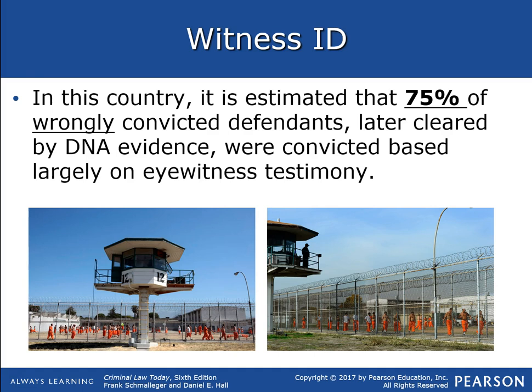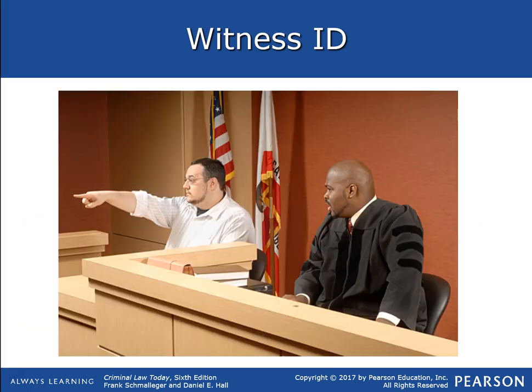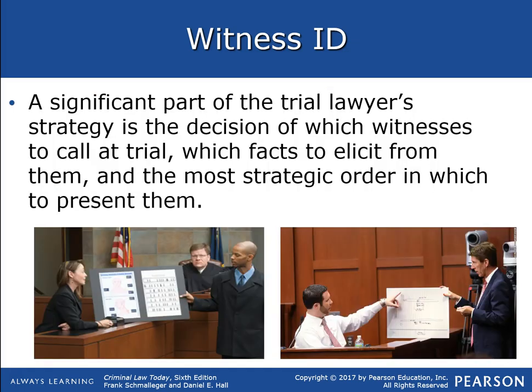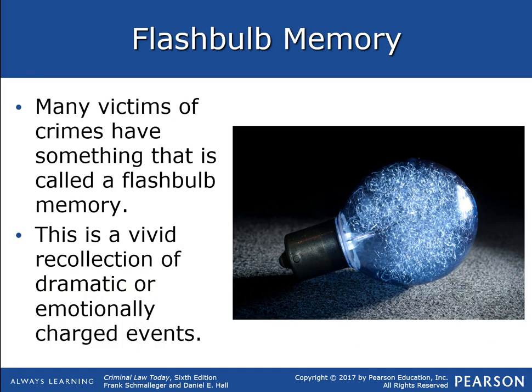So 75% of wrongly convicted defendants later cleared by DNA evidence were convicted based largely on eyewitness testimony. So you can see now the importance of this photograph and how it plays into this overall witness identification.